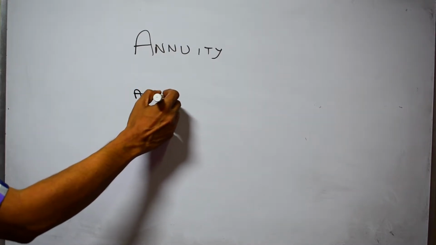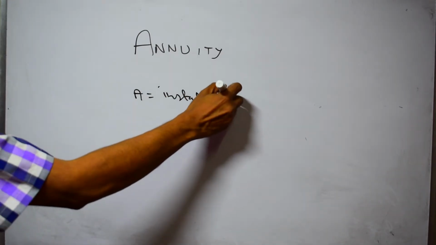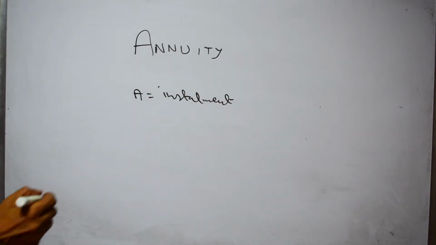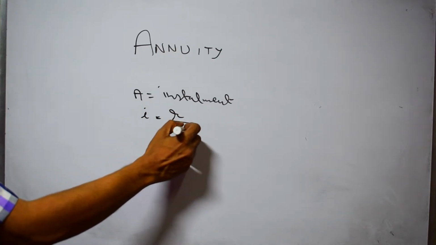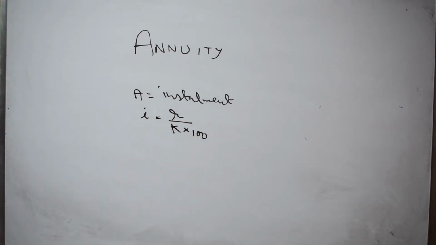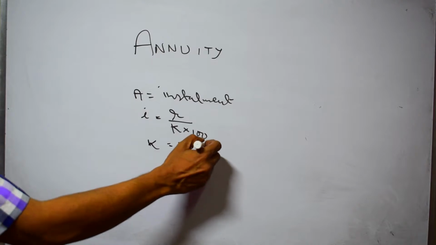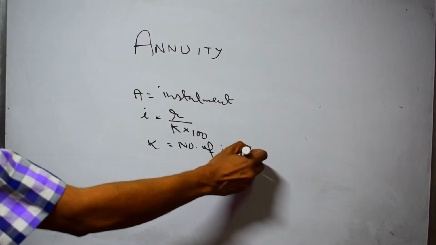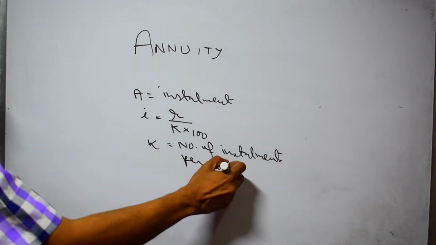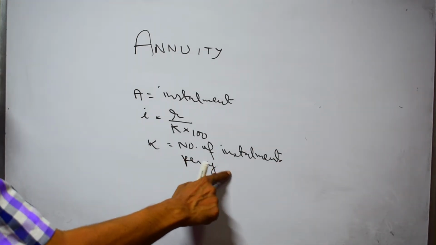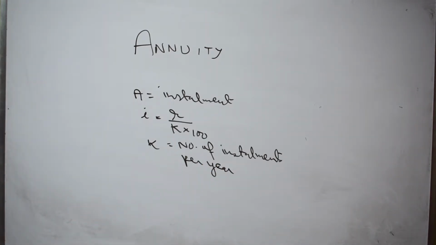Now we have some notations for calculation of annuity. A is equal to installment amount, installment size. I is rate of interest by K into 100. This K means number of installments per year. For annual interest, I is equal to R by 100, K is equal to 1.